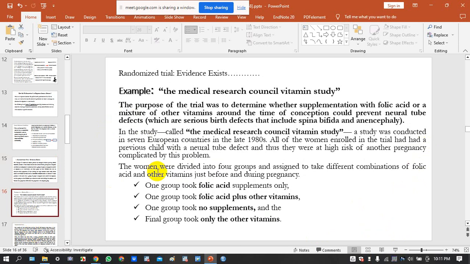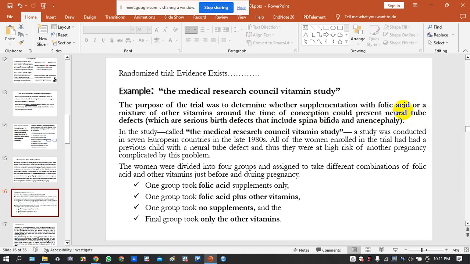For example, the Medical Research Council vitamin study. The purpose of the trial was to determine whether giving a supplementation of folic acid or a mixture of other vitamins with folic acid around the time of conception of pregnancy could prevent neural tube defect.